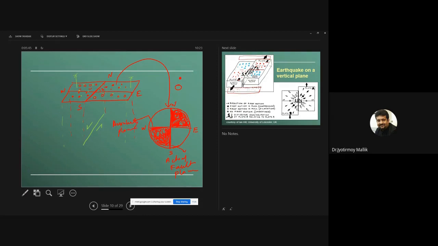So now, what I essentially want to say is that I have not seen this fault. I don't have any way to actually visualize this fault. What I am observing is only the ground surface, and on the ground surface, at different distances, I have these seismometers. Right now, I'm just observing their first motion, whether they're compressional or dilational.